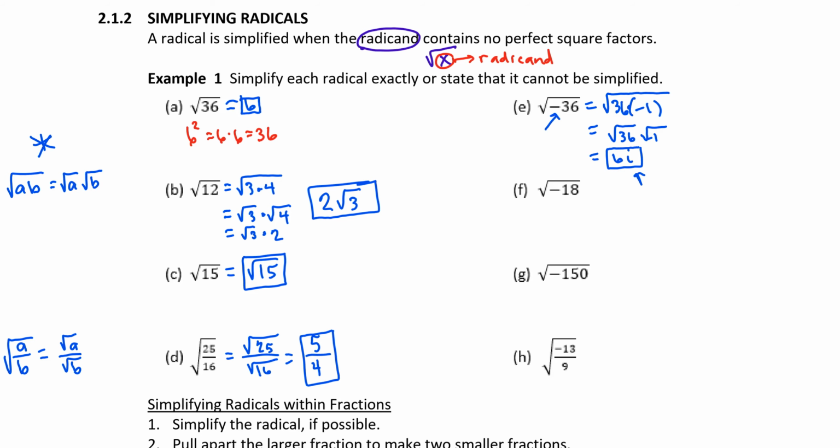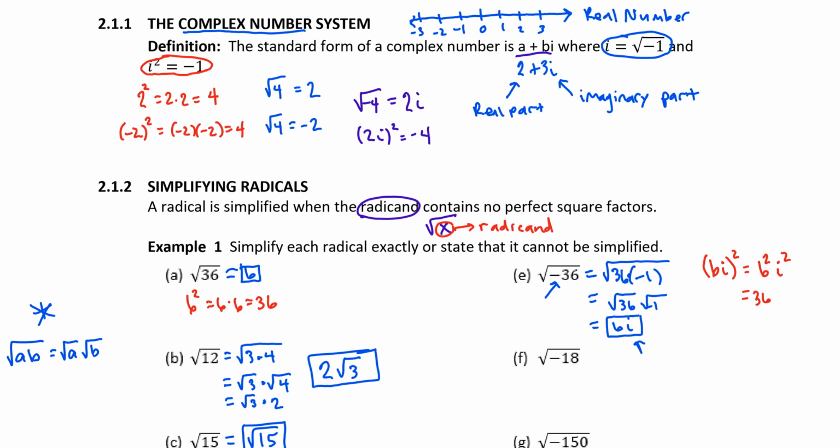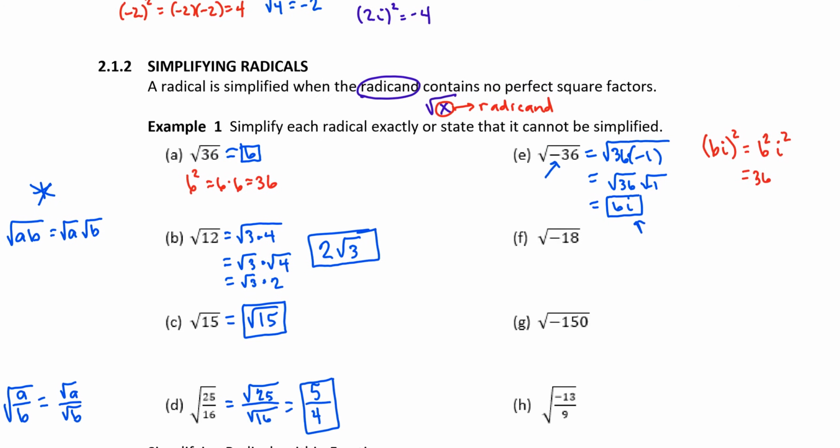Now, to check this, let's notice we're going to have (6i) squared, and we can rewrite that as 6 squared times i squared. 6 squared is obviously 36, and if you'll remember from our definition above, i squared is equal to negative 1.